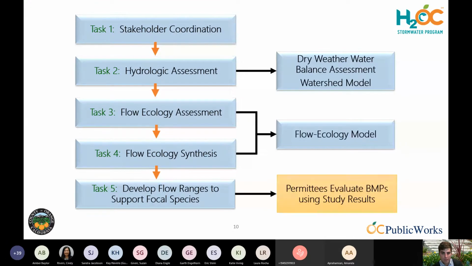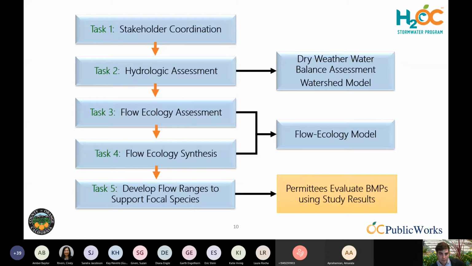And the overall approach involves what we're doing today, which we've been doing all along with stakeholder coordination, a hydrologic assessment, which started first, but has spanned as we've gotten better data and continue to improve, and the flow ecology assessment using these hydrologic data along with the ecological data and models to develop a flow ecology model. And that's also been moving in parallel ever since the first part of this year. And you'll hear more about that in early December, December 2nd, from the SQUIRP team.